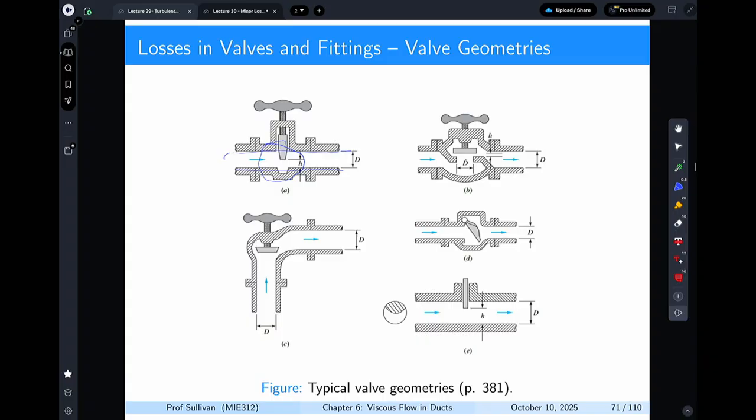And what you worry about is how that flow is changed. So the flow that goes in here has to accelerate and decelerate as it comes out. This one has to go around. There's recirculation that's going to occur in here, and then it will come out, and then there will be a separation and another recirculation that appears in there.